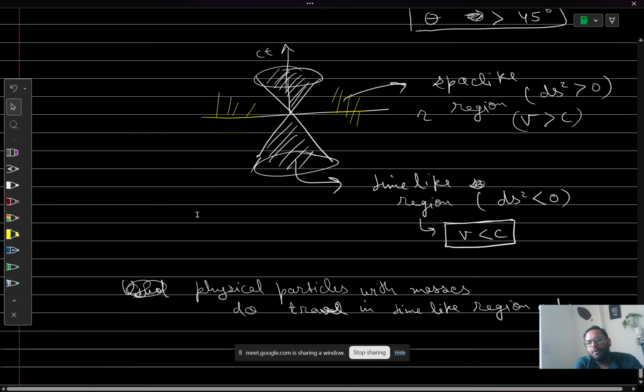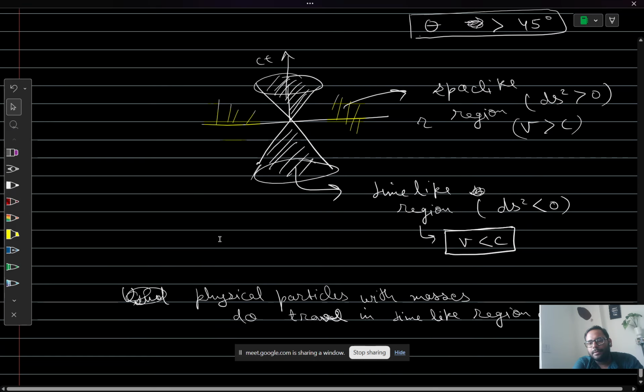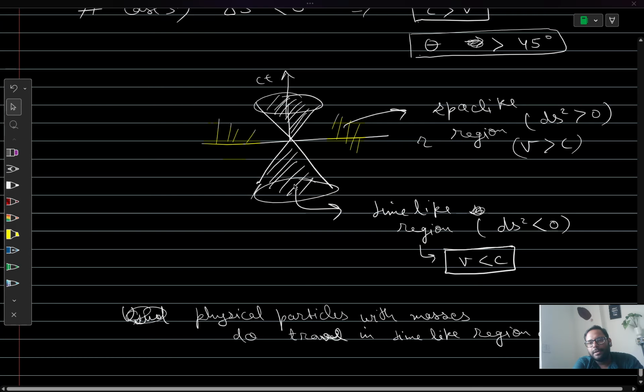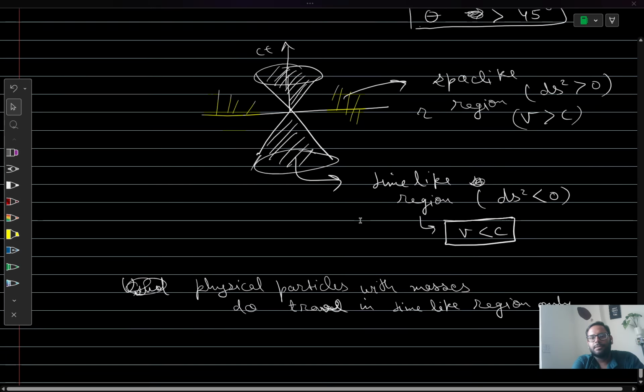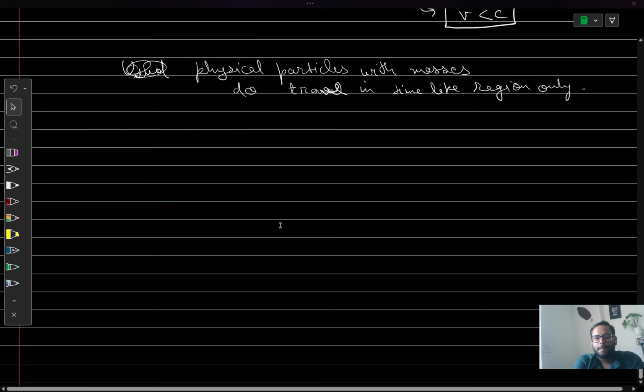But our normal particles that we actually see in experiments or in nature travel in this time-like region only.